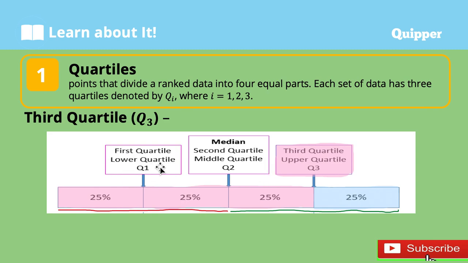For the third quartile, it is a number such that 75% of the data are smaller compared to Q sub 3 and 25% are larger. It represents the middle value of all values to the right side of the median. It is also called the upper quartile.